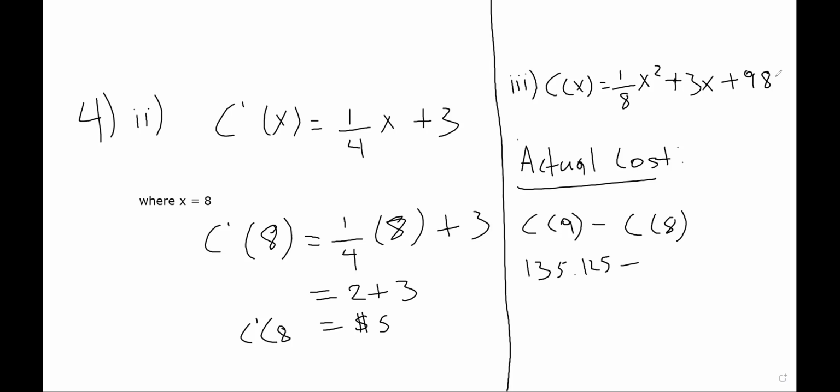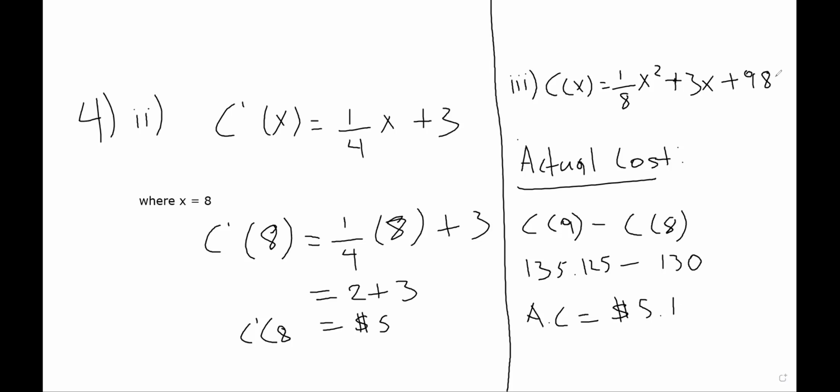So we just plug in the 8, and that will give us 130, right? After we've done that, all we need to do is subtract the two figures and we get our actual cost. We'll just say AC, actual cost, is equal to $5.13 after rounding.